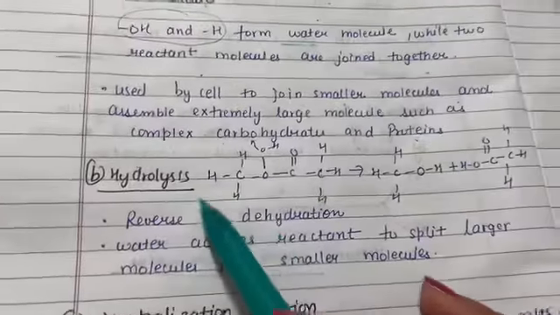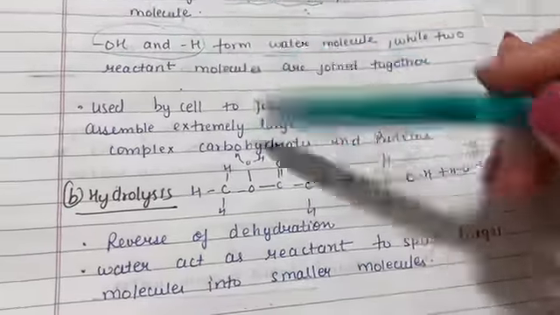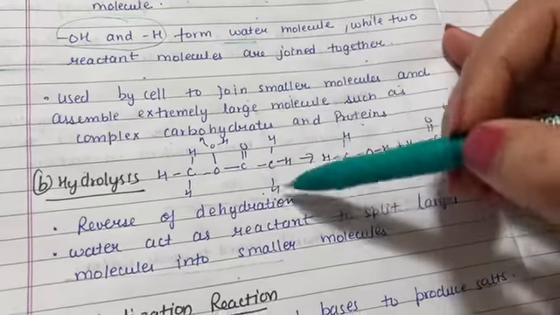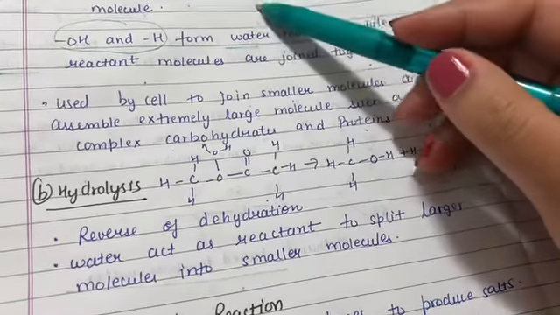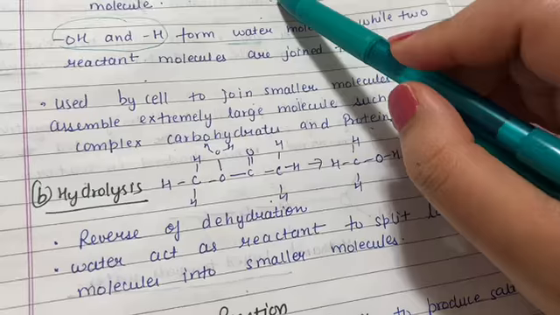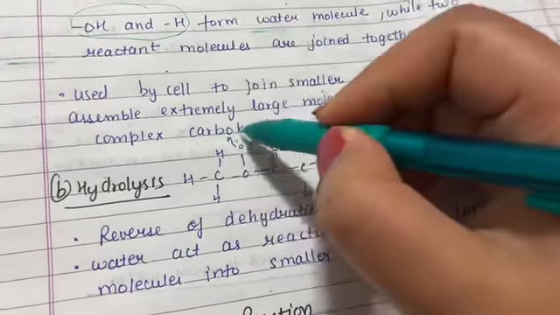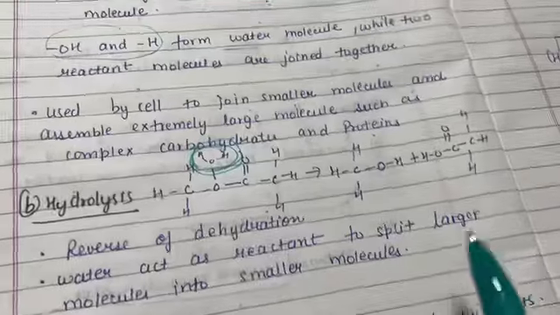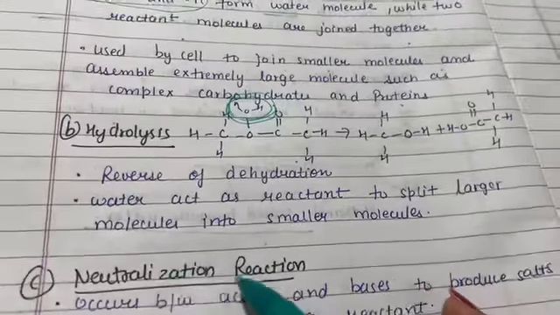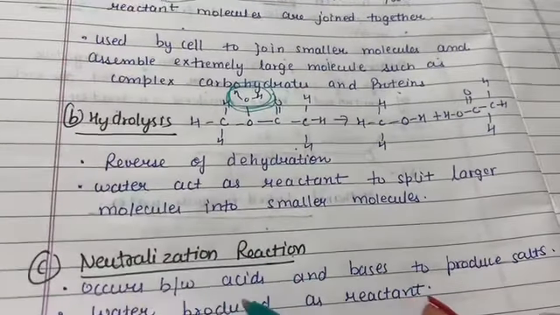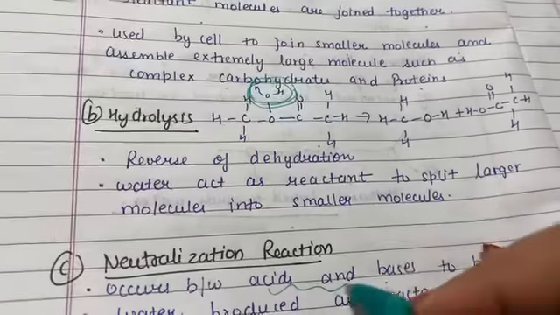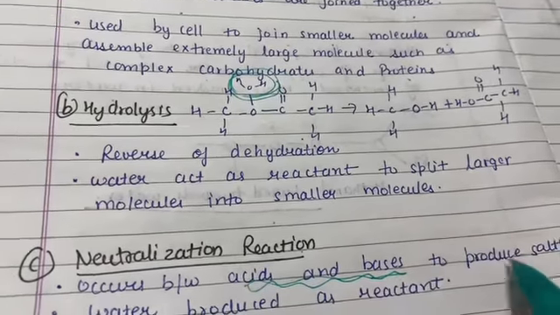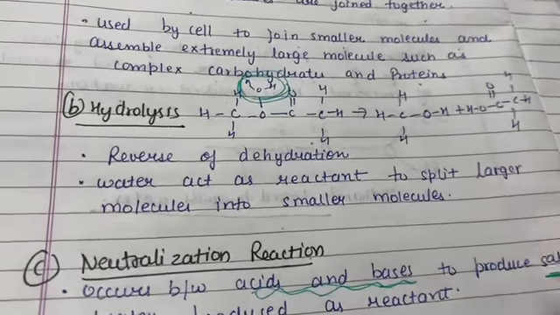Now hydrolysis. Hydrolysis is the reverse of dehydration. In dehydration, there is a removal of water. In hydrolysis, there is an addition of water. You can see here. Neutralization reaction occurs between acids and bases to produce salts.